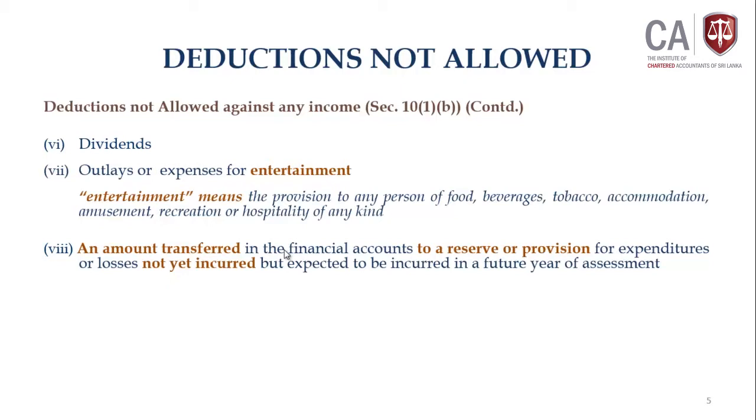Why are you crediting the reserve or provision account? Because it is not yet incurred, not actually payable, but expected to be incurred in the future. There is a basic estimation. You are making a provision based on estimation.